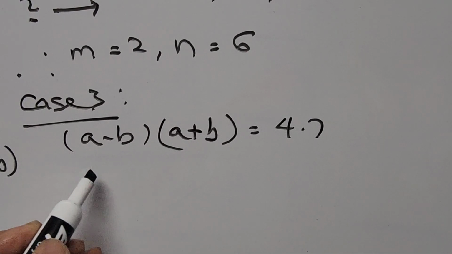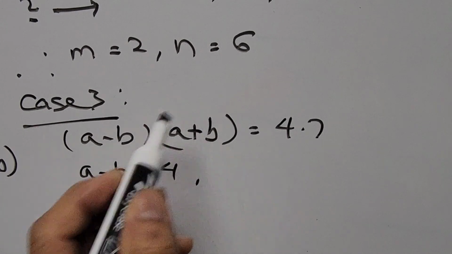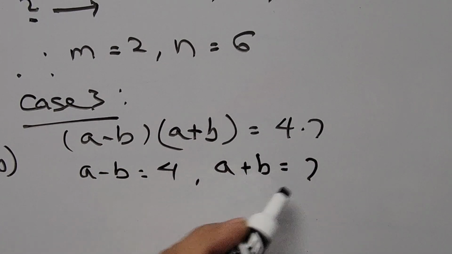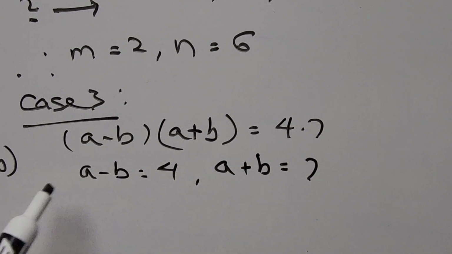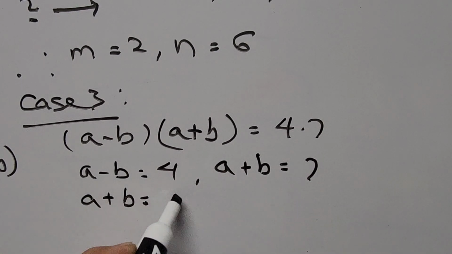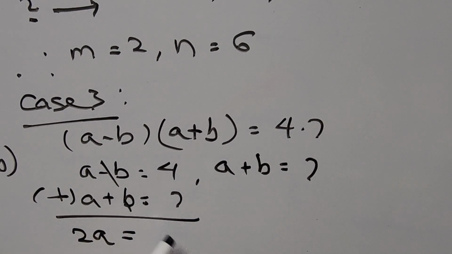So we have now a minus b equals 4 and a plus b equals 7. Add these two equations, so we have this cancel. So we have 2a is equal to 11. A therefore is equal to 11 halves.